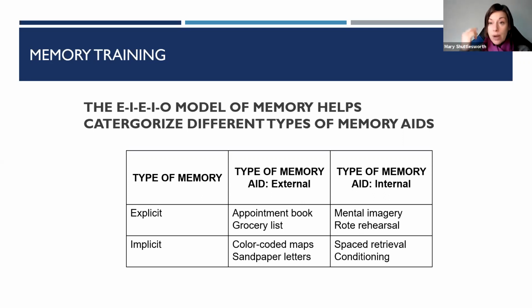Mental imagery, so imagining something, forming a picture in your mind, or rote rehearsal. So rehearsal is the repetition. I'm trying to remember a list and I repeat that list over and over again. Spaced retrieval is another example of a memory aid.